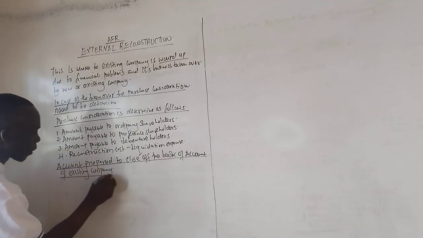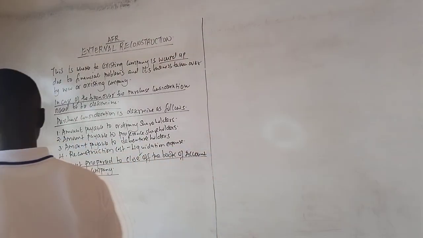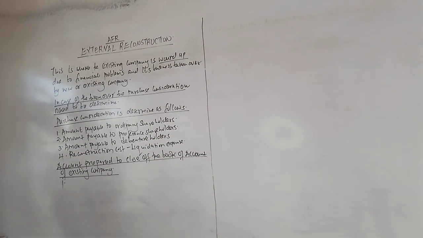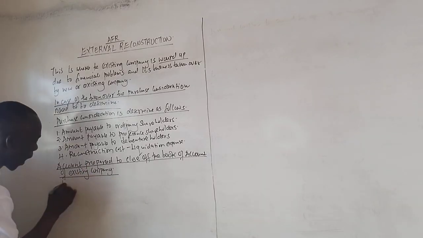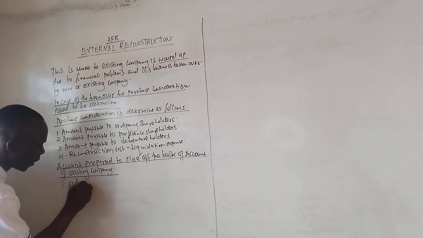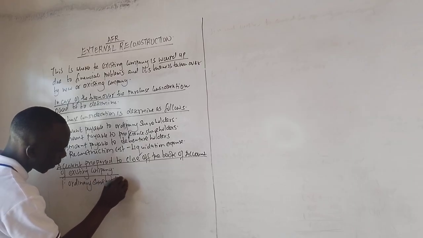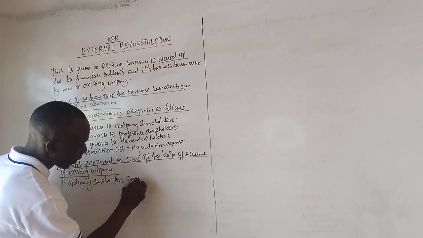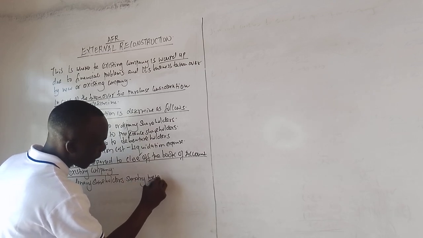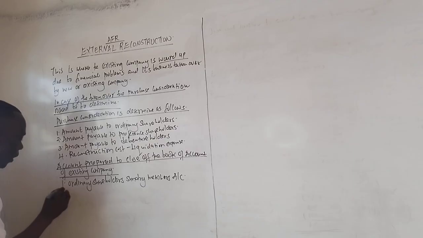One of the accounts is for the owners of the existing company, who are known as the ordinary shareholders: the ordinary shareholders sundry members account. That will be the first one.